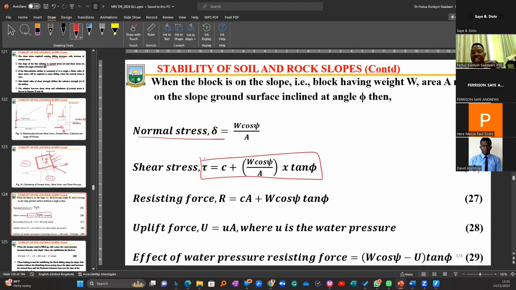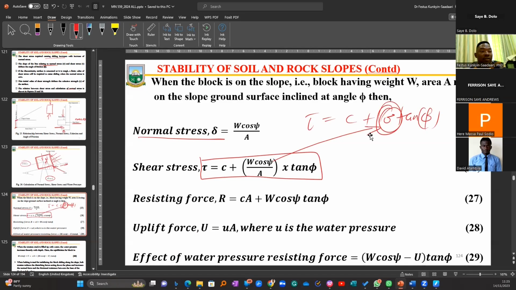If you want to measure the shear strength, what did we say it was? The shear strength, tau, was equal to C plus sigma tan theta. So now instead of the normal thing, we are replacing this normal stress with what?